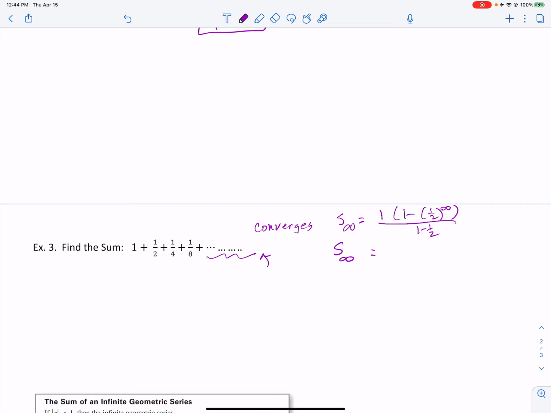When you have 1/2 to infinity, as this gets larger and larger and larger, this value goes to 0. And so you get 1 times 1 minus 0, essentially, and the denominator there is 1/2. And so that whole thing simplifies to just 2.